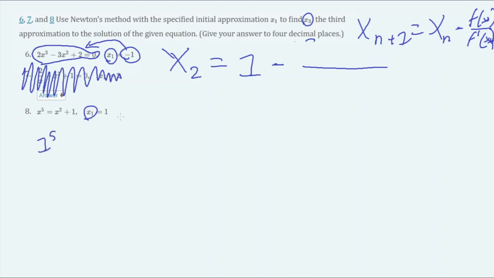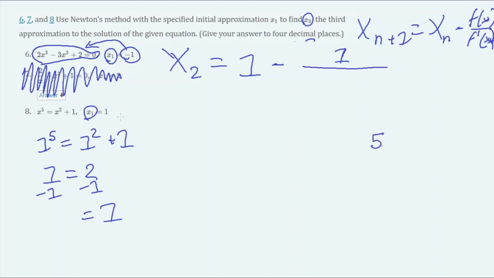So we're going to have 1 to the fifth power is equal to 1 to the second power plus 1. And we're going to be left with 1 is equal to 2. And if we subtract 1 on both sides, we're going to have an answer of 1. So we have 1 on the top for f of x, and then f prime of x is going to be the derivative of number 8, so that's going to be 5x^4 is equal to 2x.